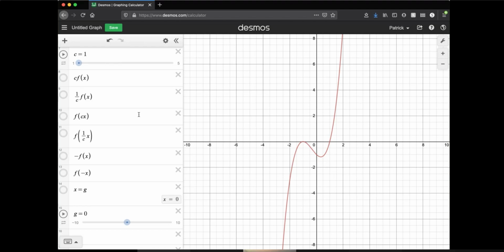So that would be something like f of x minus 2. And we saw that it actually moved it to the right. And we normally think of negative 2 as being in the left direction. So if you're taking little notes for yourself in that open square, I would say that outside is vertical, inside is horizontal, but opposite what you think it should be, or something to that effect.